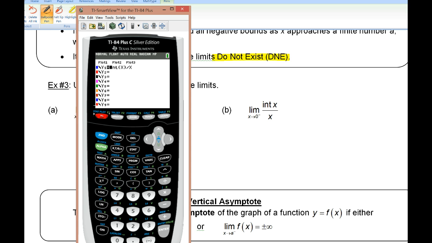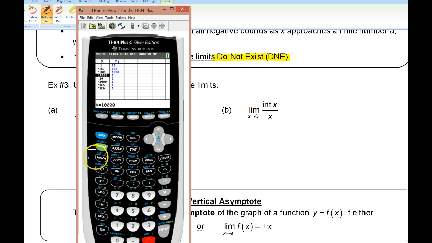So it looks like from 0 from the left, what would you guess? It kind of stops. So how could we check? We could do Zoom box, or we could do the table. Now I'm looking at values closer to 0 from the left, so that's like negative 0.1, negative 0.01, negative 0.001.